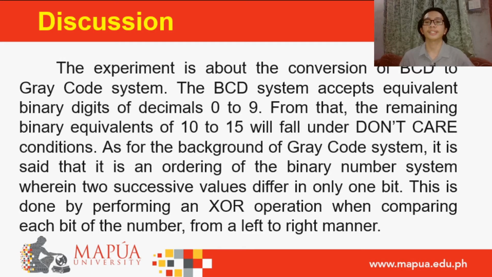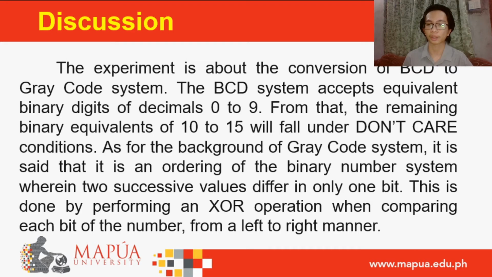Discussion. The experiment is about the conversion of BCD to gray code system. The BCD system accepts equivalent binary digits of decimals 0 to 9. From that, the remaining binary equivalents of 10 to 15 will fall under don't care conditions.